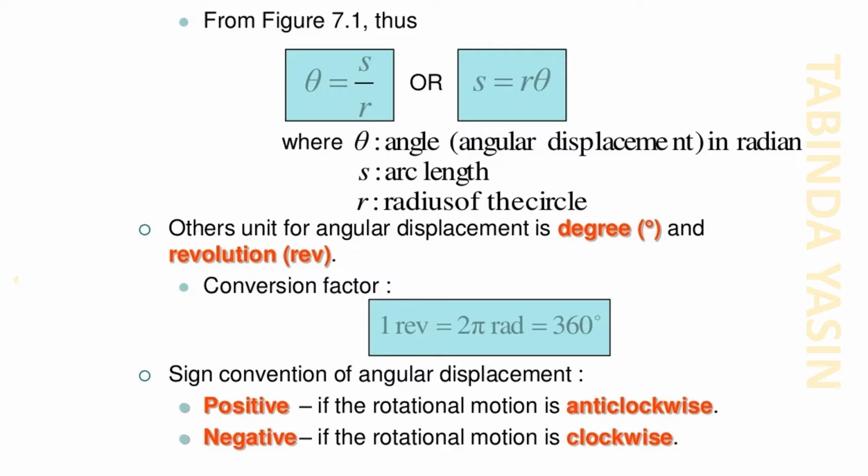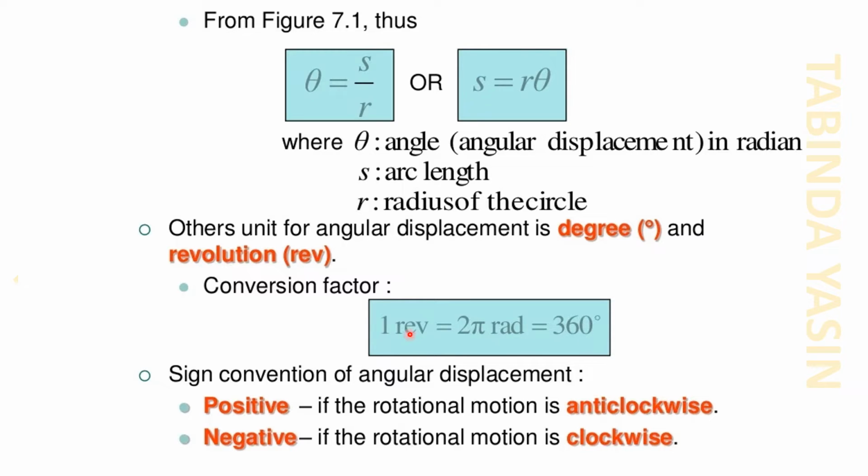where theta is the angular displacement in radian, s is the arc length, and r is the radius of the circle. The other units for the angular displacement are degree and revolution. One revolution is equal to 2 pi radian, which is equal to 360 degree.